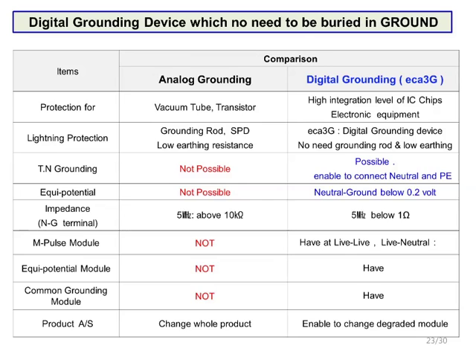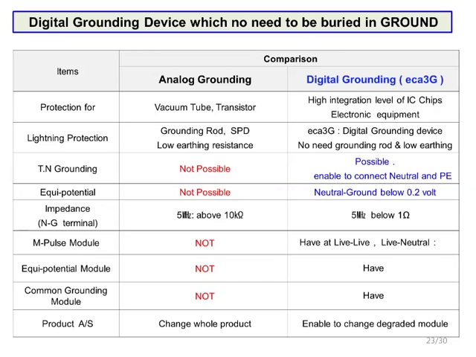Let us consider analog grounding as part of the lighting protection. Analog grounding used to work and is still working for analog systems. Like, for example, it can protect for vacuum tube transistor type of equipment.